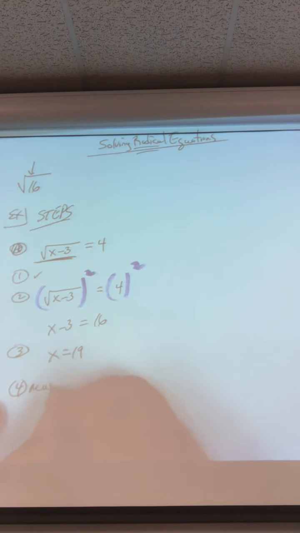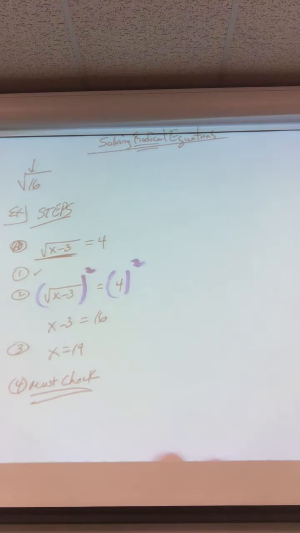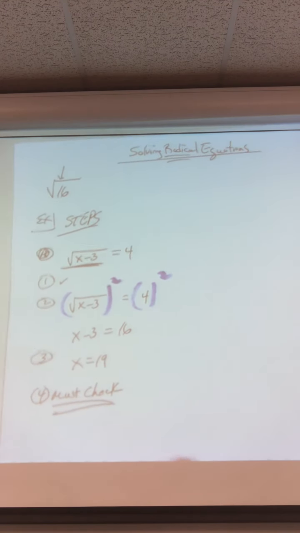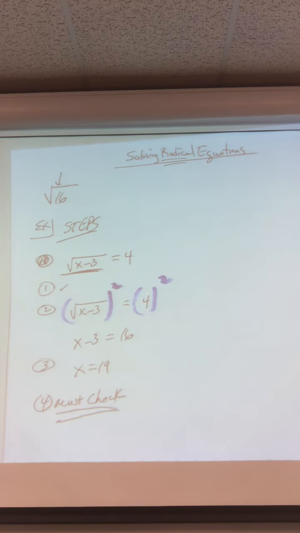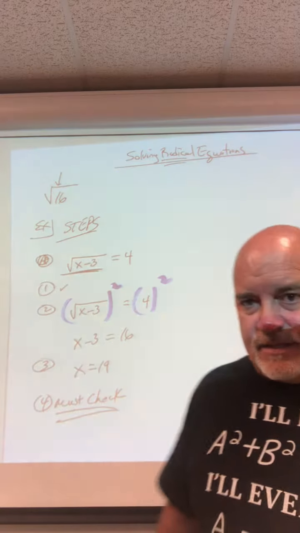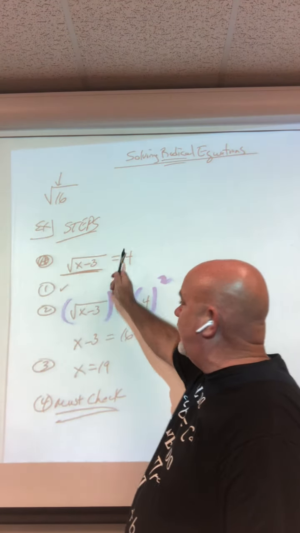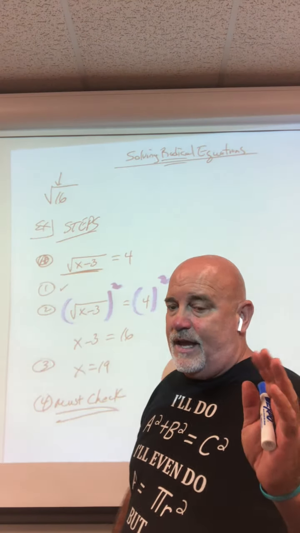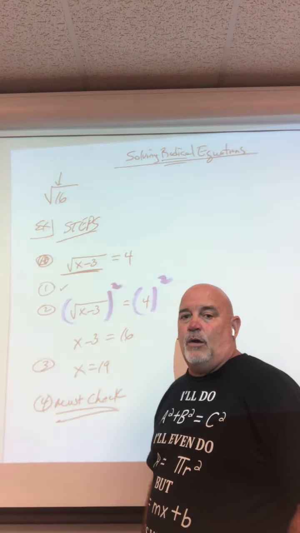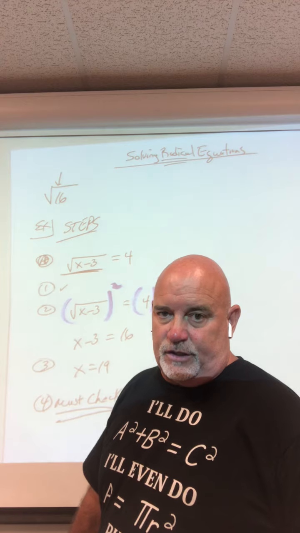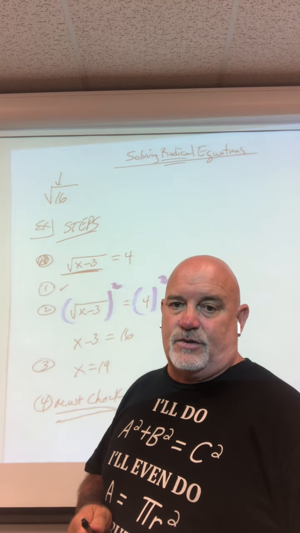Step 4. Now, let me mention this here. One of the things that makes a radical equation different than many is this. Sometimes in radical equations, but it doesn't happen all the time, you get what's called an extraneous solution. It's basically a false answer.